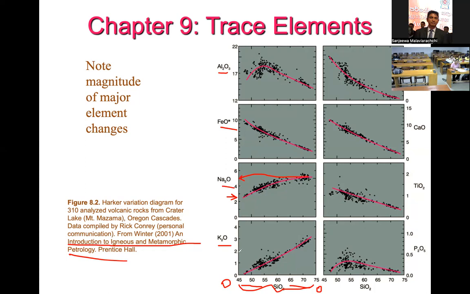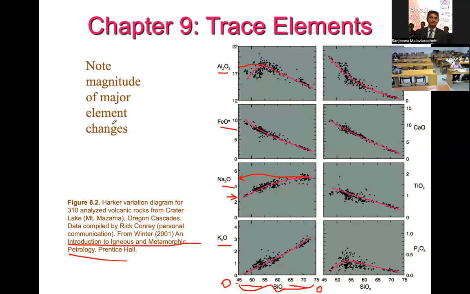Even potassium is from 0 to like 3%. Iron is like 3 to 10. Aluminium maybe 15 to 18, like that. Even silica is not a very big change, just 40 to 75, less than twice, not a twofold increase.